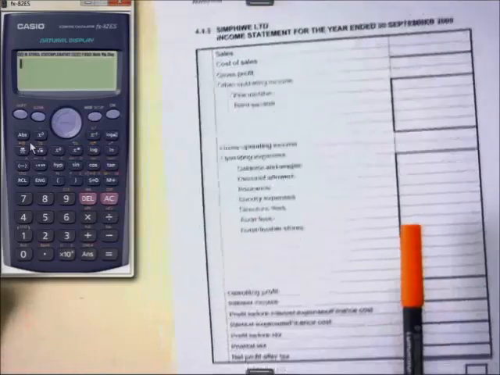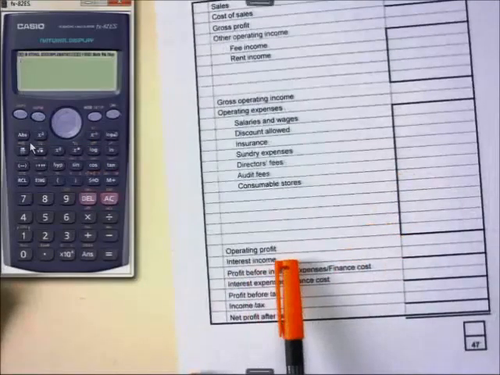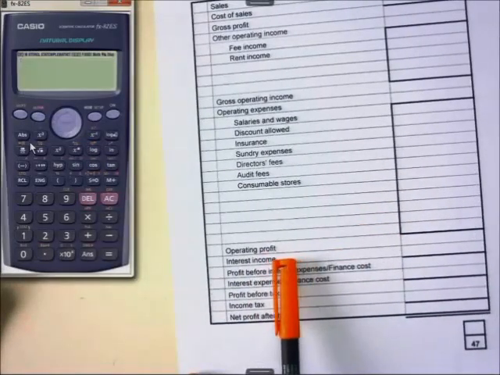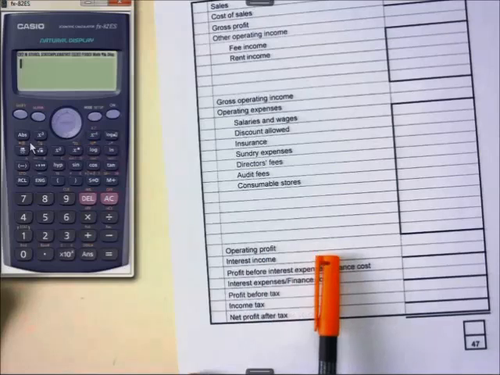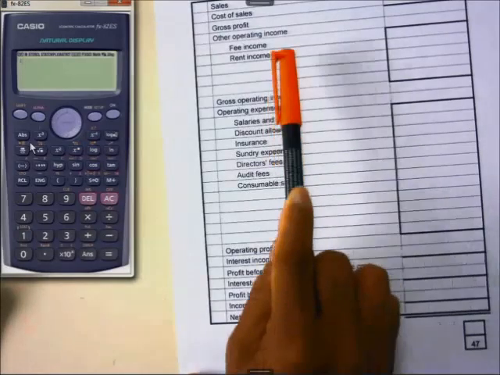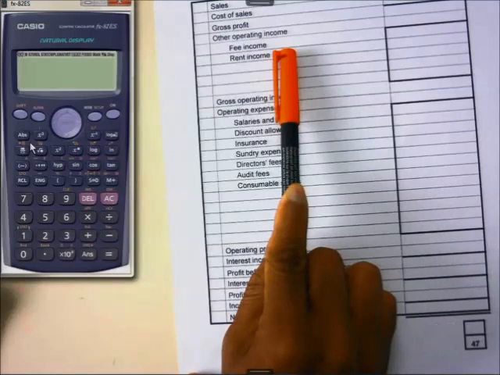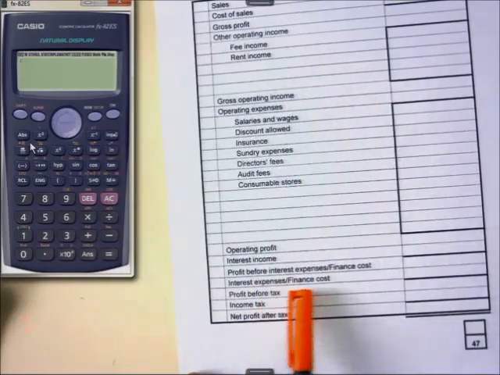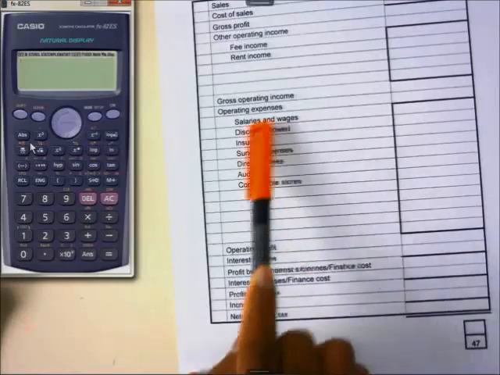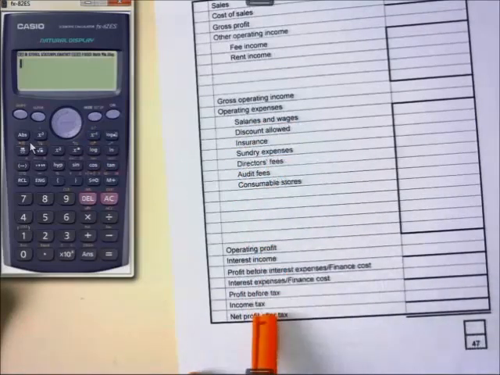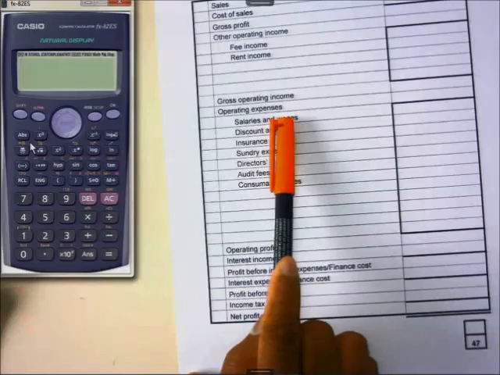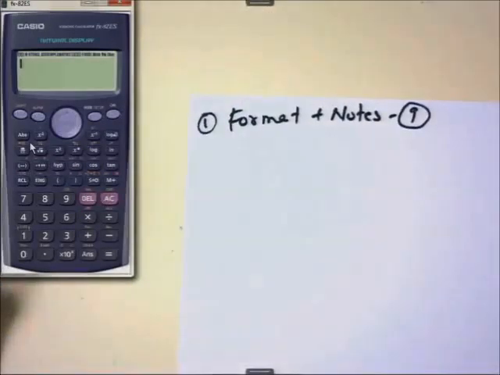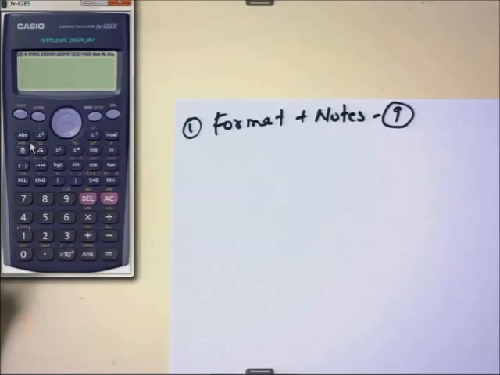If you also misplace interest on fixed deposit, which belongs under interest income, and you write it as part of your operating income, you'll also forfeit marks. If you write interest on loan as part of your operating expenses and not interest expense, you can also forfeit marks. That is misplacing.